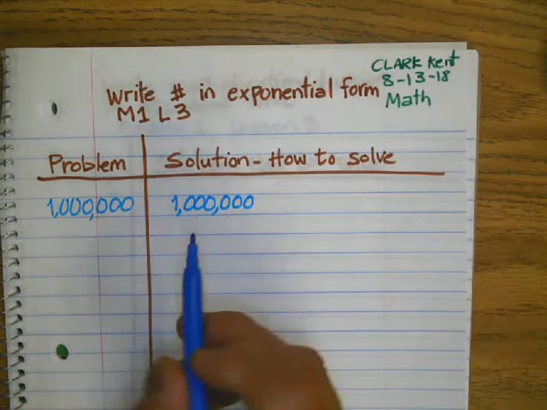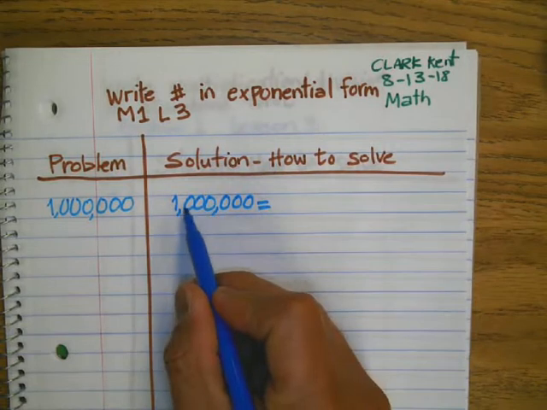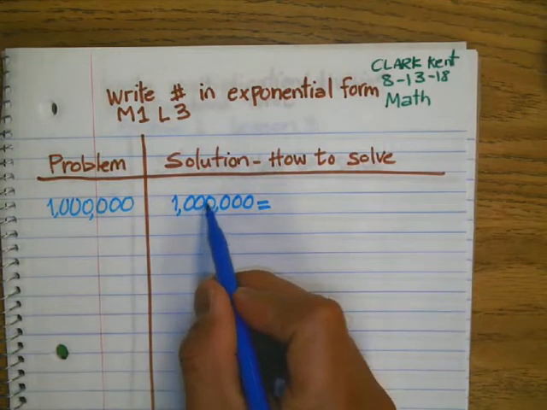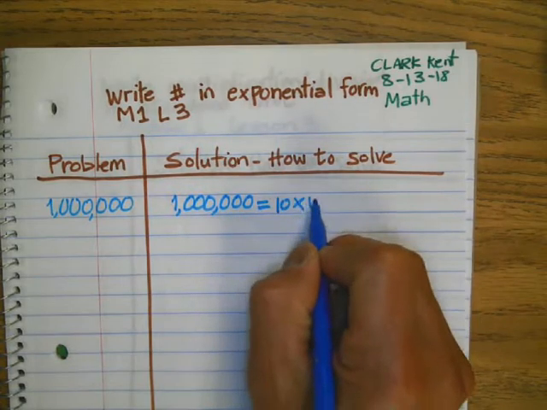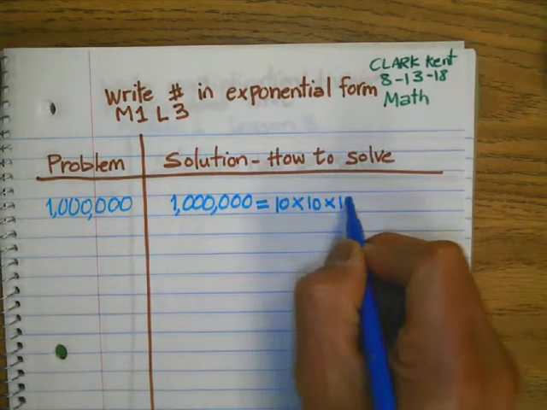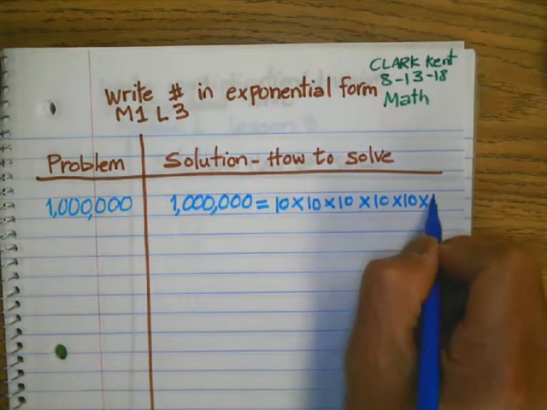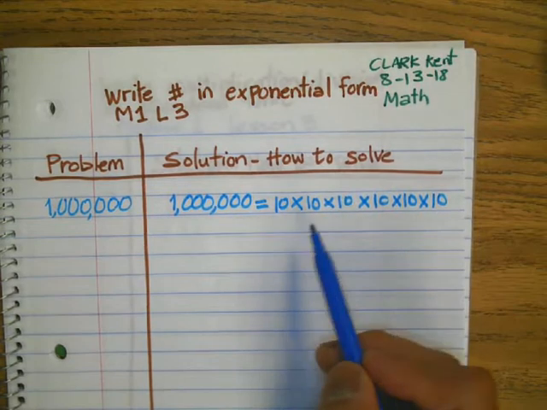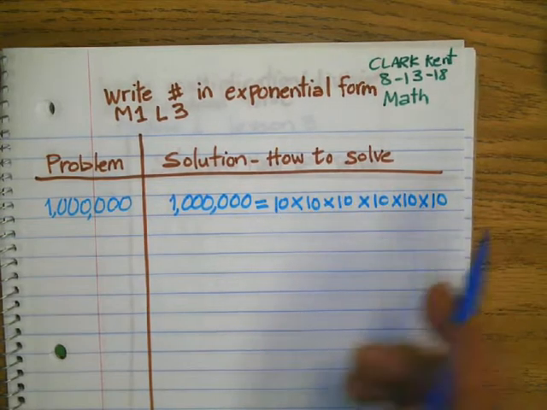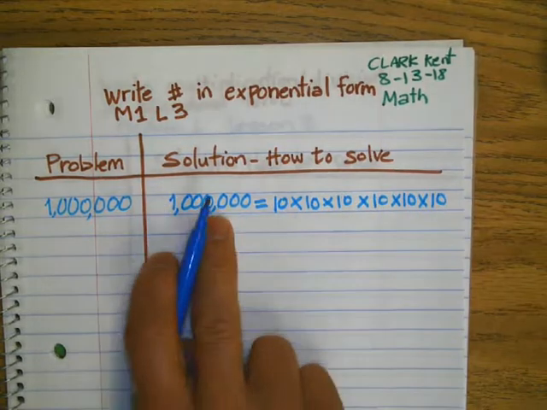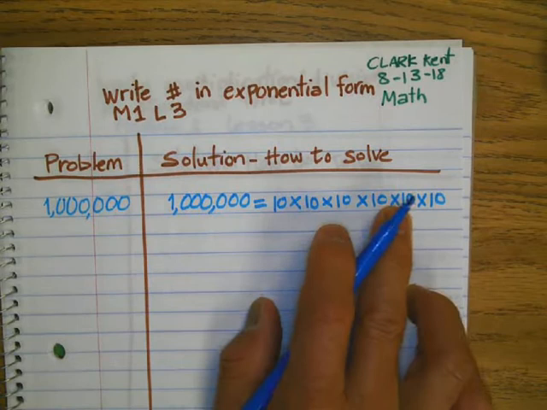So if you look at this number, every zero is a 10, so 1, 2, 3, 4, 5, 6, which means this is 1, 2, 3, 4, 5, and 6. And just to be sure, 1, 2, 3, 4, 5, and 6. That is correct. So 1 million equals 10 times 10 times 10 times 10 times 10 times 10.